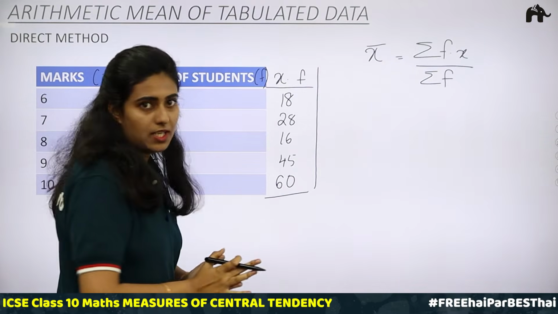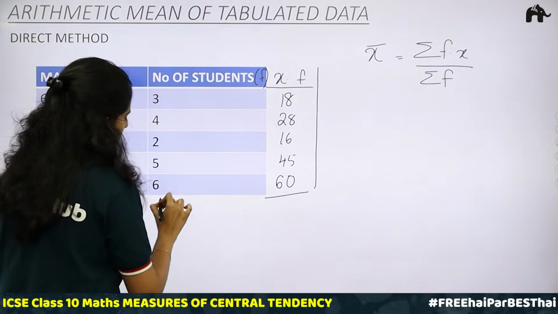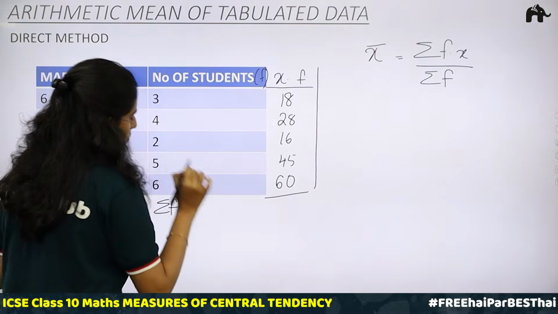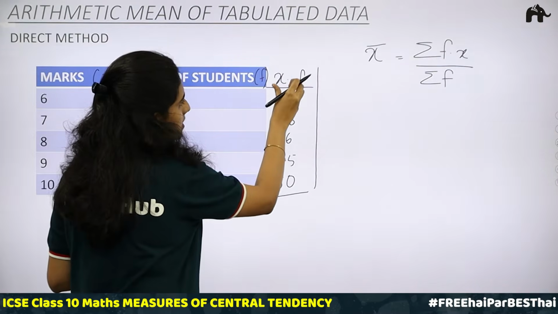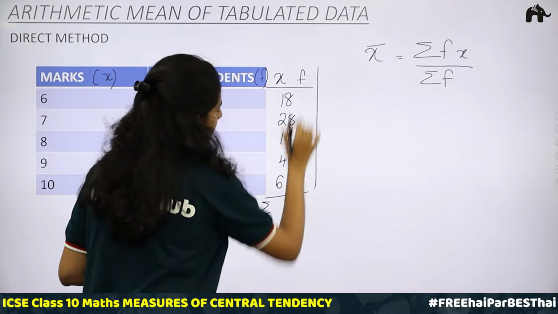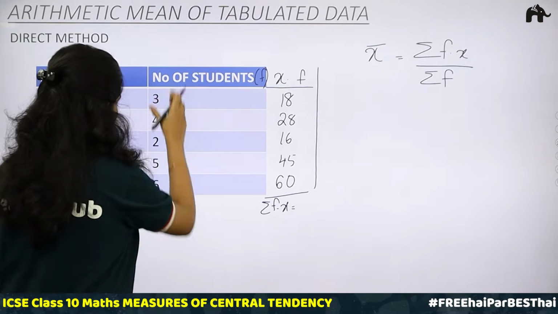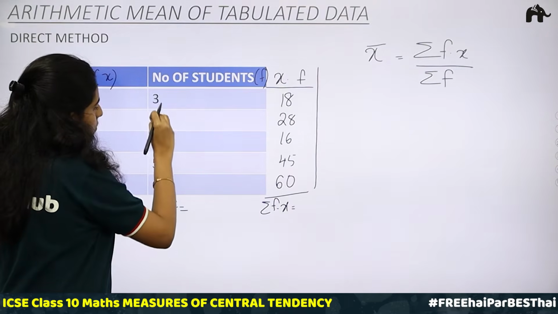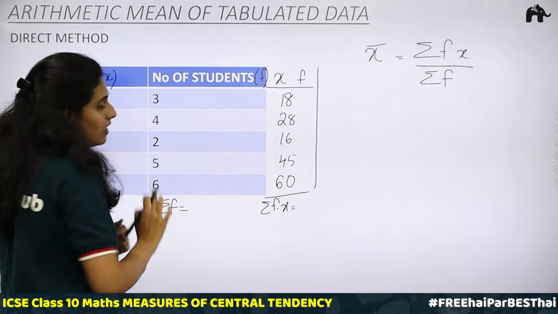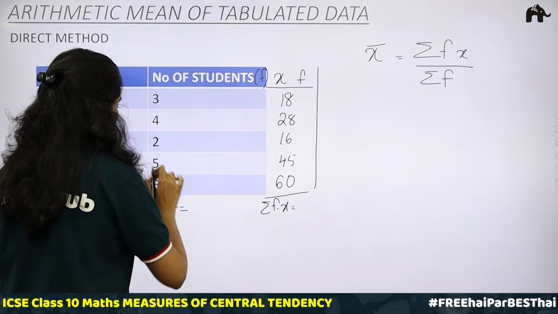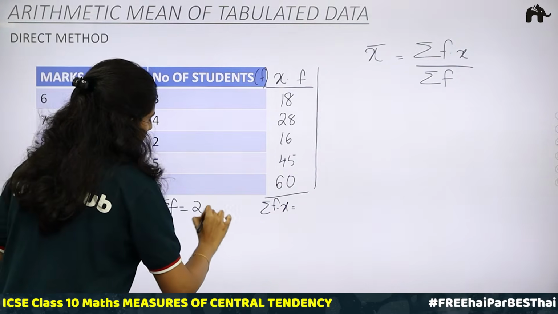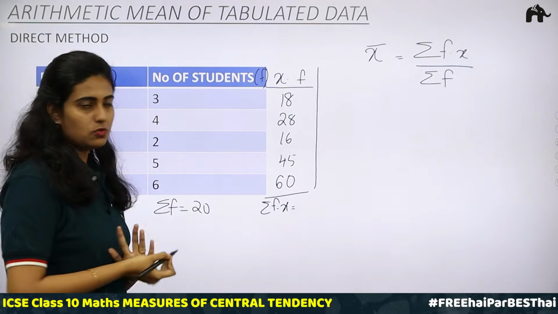So, you have to separately take the sum of frequencies. What is the sum of frequencies? 3 plus 4, 7 plus 2, 9, 9 plus 5, 14, 14 plus 6 is equal to 20. So, sigma f is equal to 20.